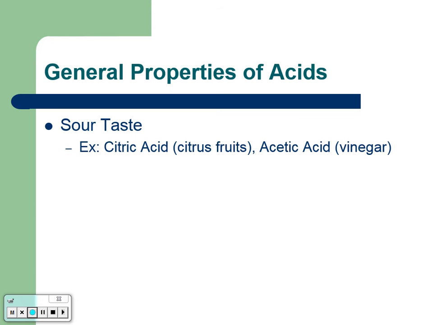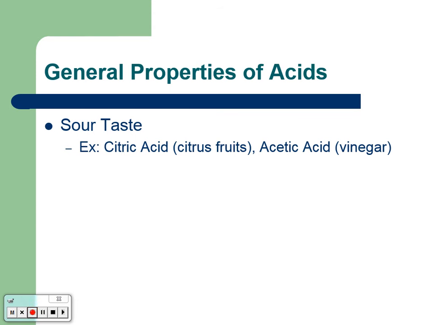Like, here, let me take a swig of this and find out whether it has a sour taste. Okay, not the number one method, but things that are acidic have a sour taste. Like I said, citrus fruits, vinegar, these are all acids. When we dissolve the compounds in the citrus fruit into water, most of the citrus fruit is water anyway, they have that sour taste to them. Okay.